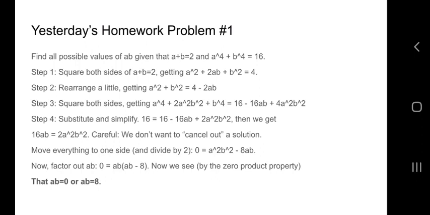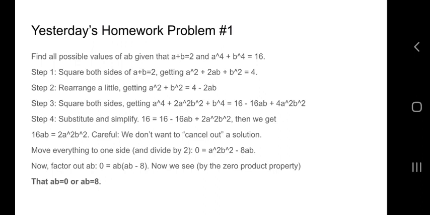Okay, and then we get 16 equals 16 minus 16ab plus 2a squared b squared. But from this, there's just a 16 on both sides, so we can cancel that out. In other words, we just subtract 16 from both sides. Then we get 0 equals negative 16ab plus 2a squared b squared.